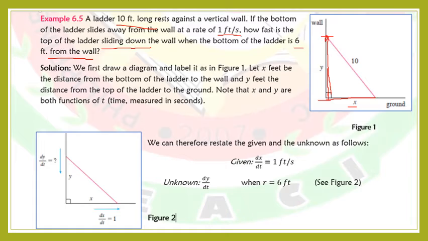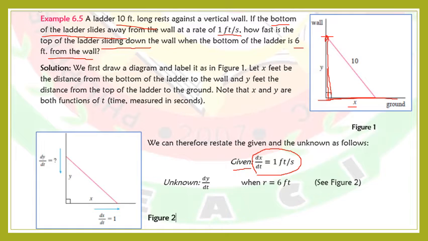Okay, we can therefore restate the given and the unknown as follows. Given natin class is dx over dt, which is equal to 1 feet per second. Bakit siya dx over dt? Kasi yan man yung bottom of the ladder slides away from the wall. So, ibig sabihin, given siya 1 feet per second. dx over dt is equal to 1 feet per second. Yun yung given natin. And then, ang unknown, kailangan natin hanapin is yung dy over dt.